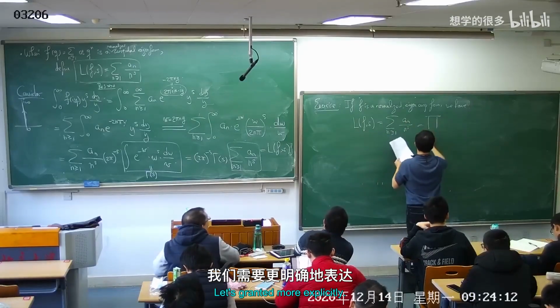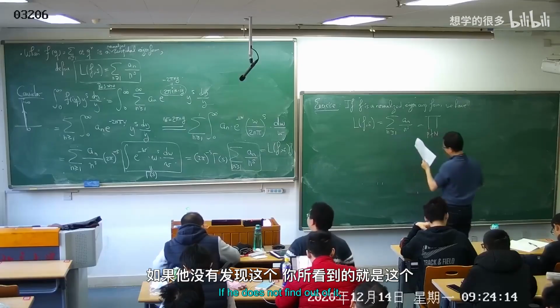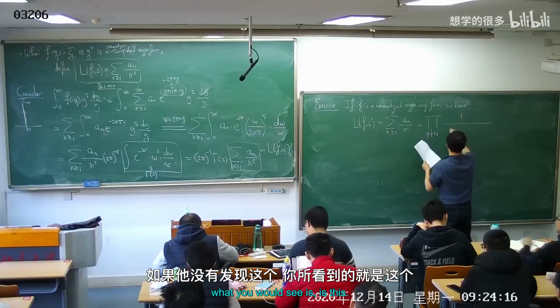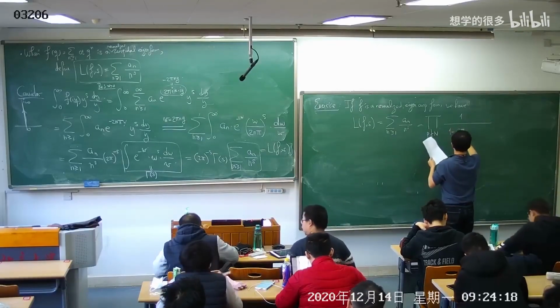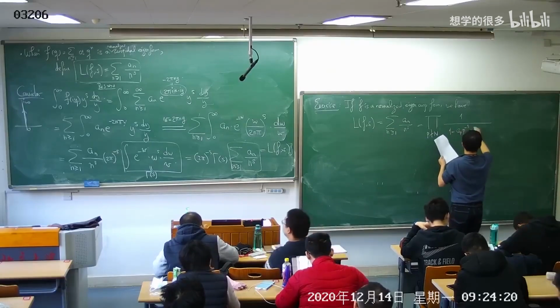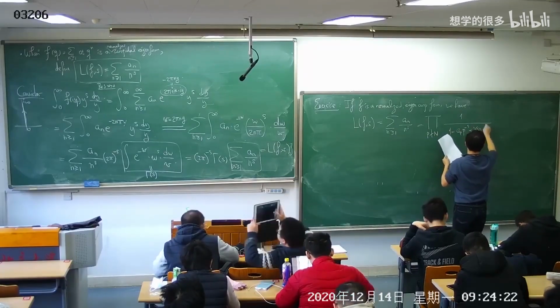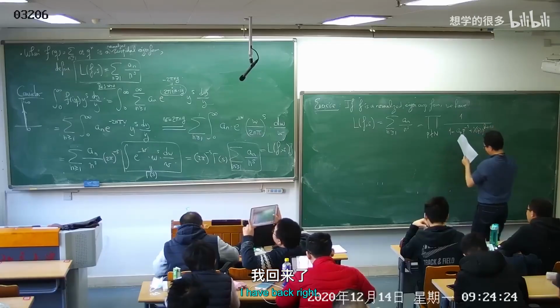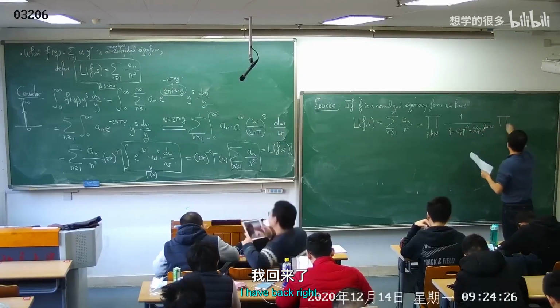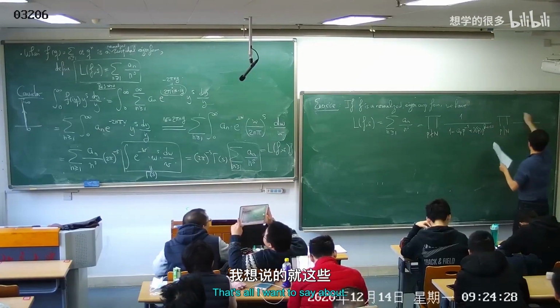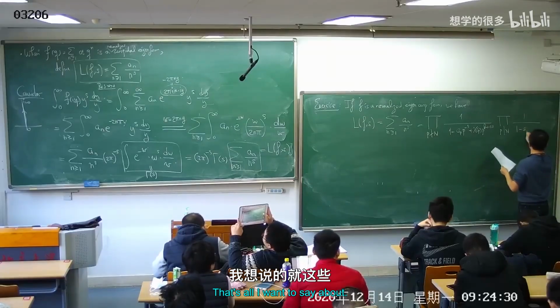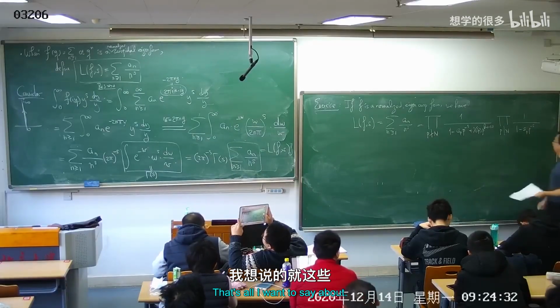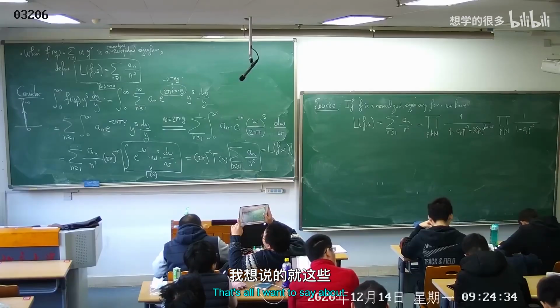Let's write it more explicitly. If p does not divide n, what you will see is this a_p.